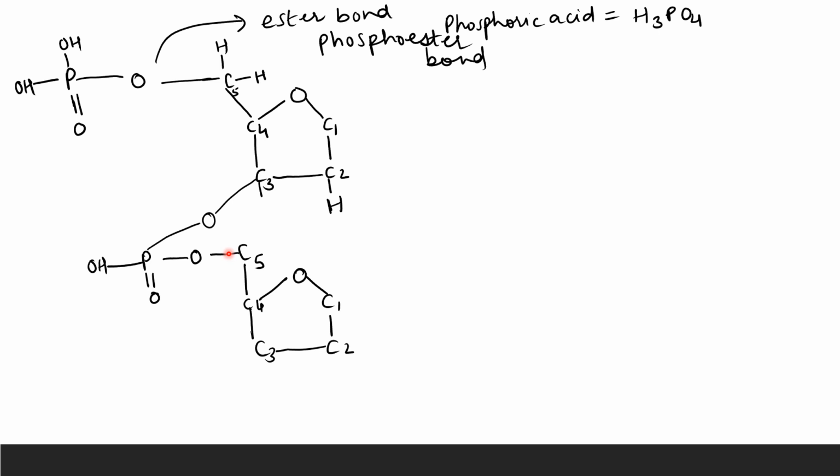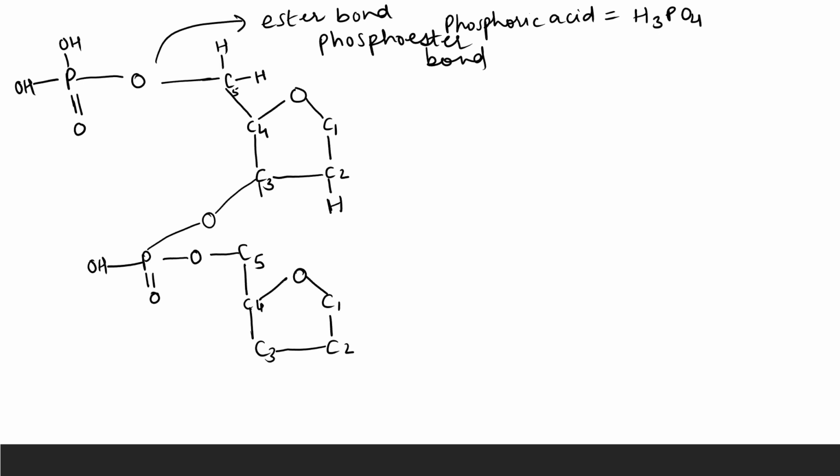When the first and second nucleotide are joined, there are two phosphoester bonds. Now do you think we can call these two bonds a phosphodiester bond? Yes, we can, because in this we have two bonds. Di means two. So the name of this bond is phosphodiester bond.